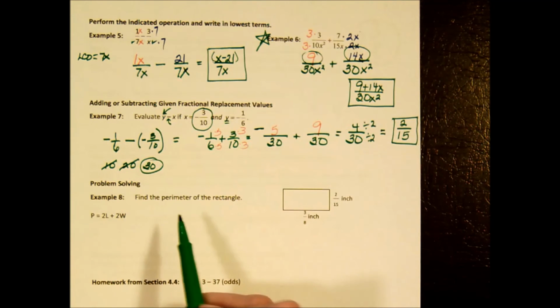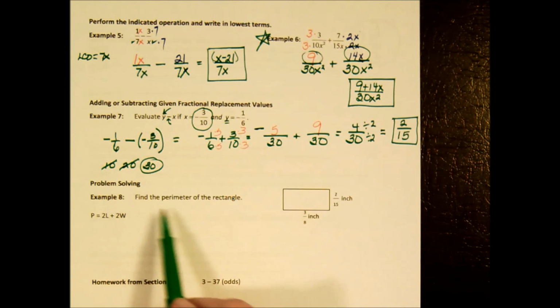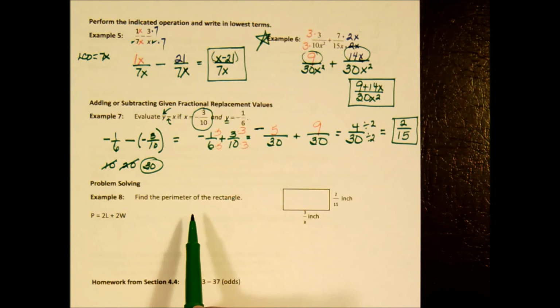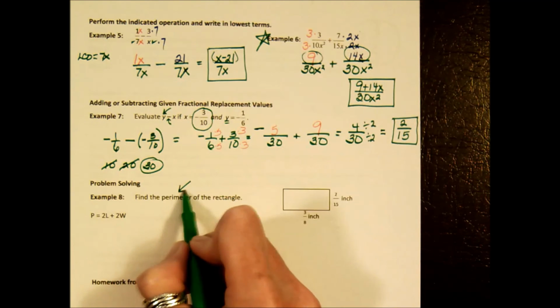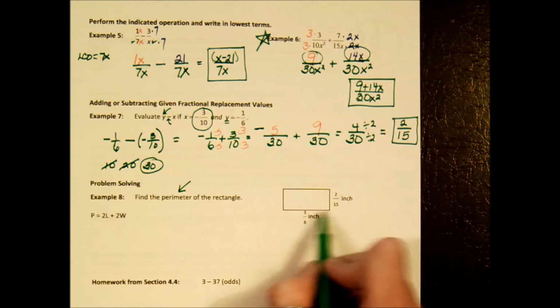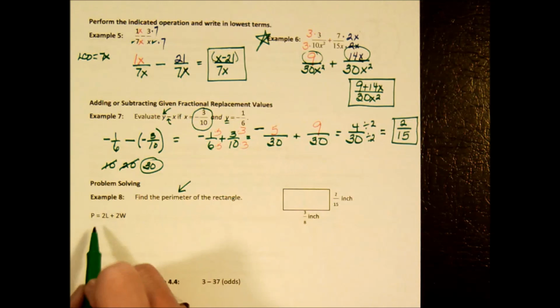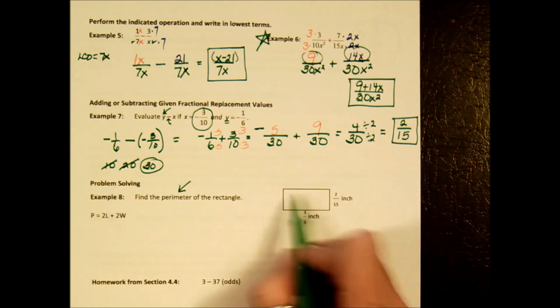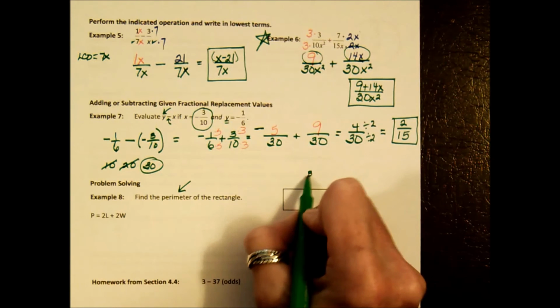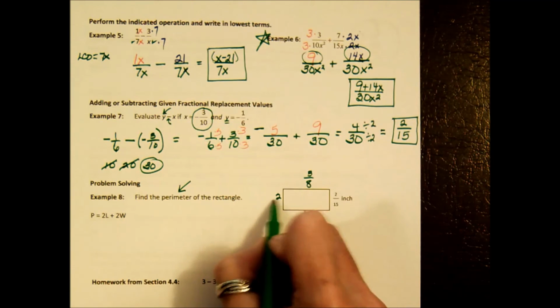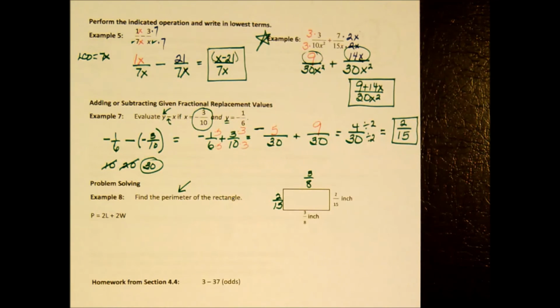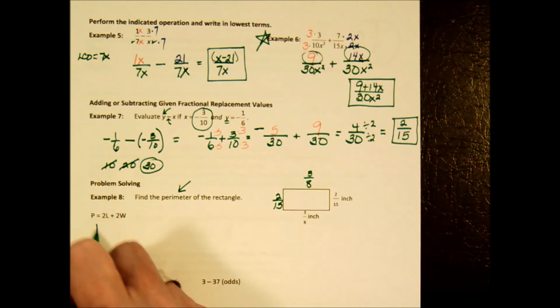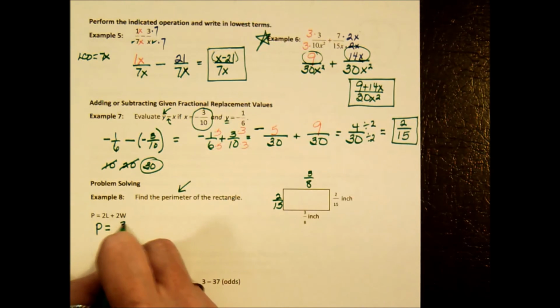All right, last one has to do with perimeter. And perimeter of a rectangle is just the distance around it. There is a formula, 2 lengths and 2 widths, but it's really just as easy just to add up the sides. So I'm going to go ahead and label all the sides, and I'm going to say my perimeter is 3/8 plus 3/8.